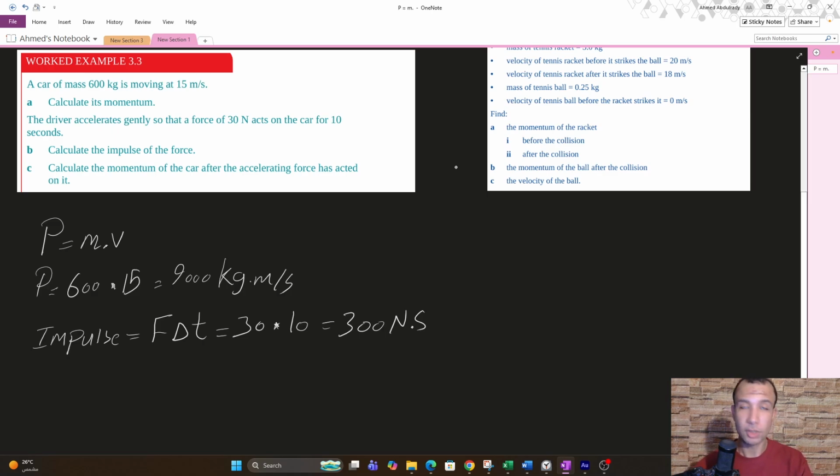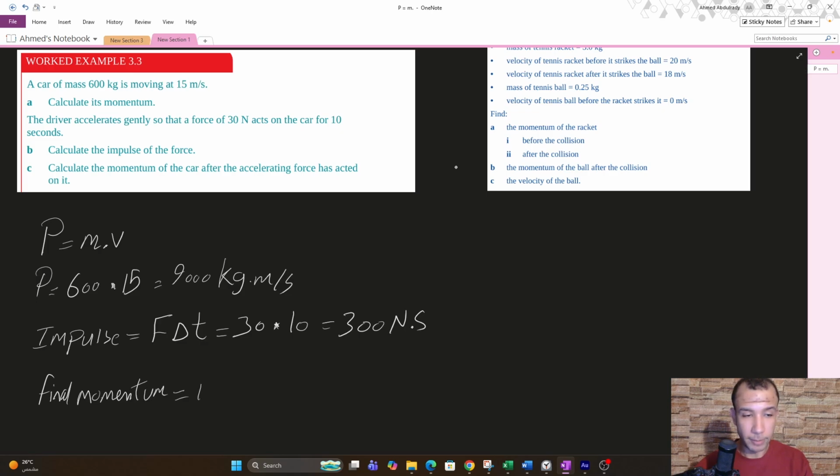So you can find the final momentum as the initial momentum plus the impulse.